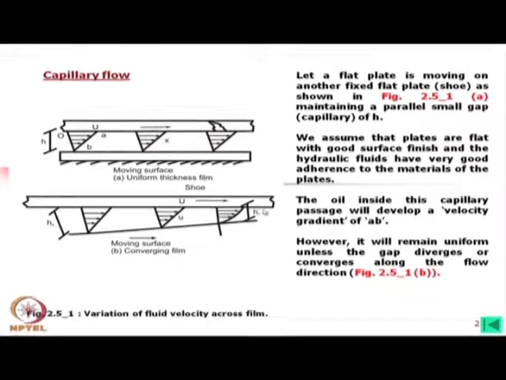What we have shown here is a converging gap at the bottom. In that case, if we think of this point moving over here, at the top also this point will move the same distance, and here also it is the same distance. But if we look into this, the gap has reduced here, but this is an incompressible fluid and there is no slippage.